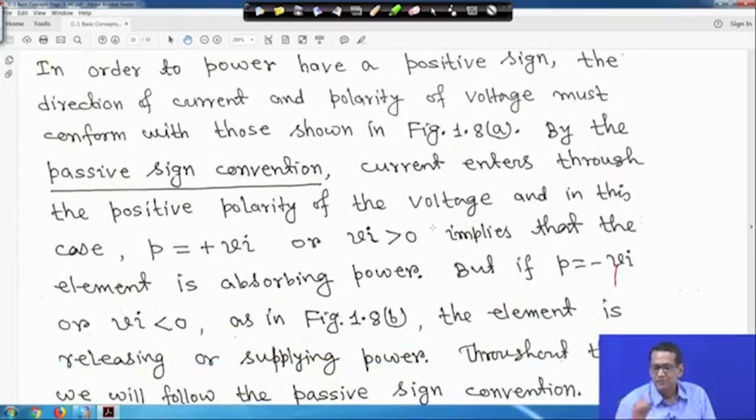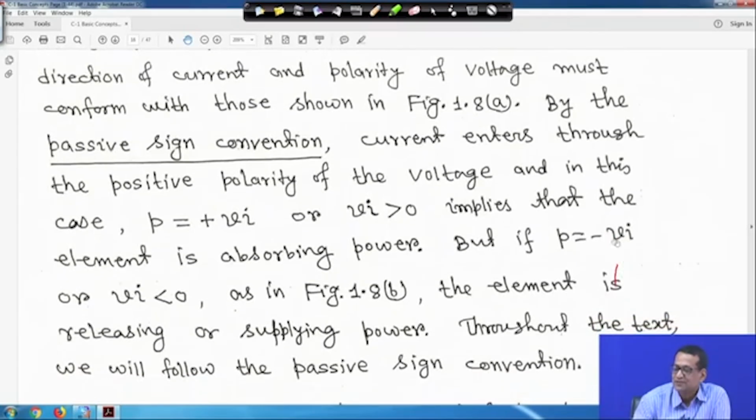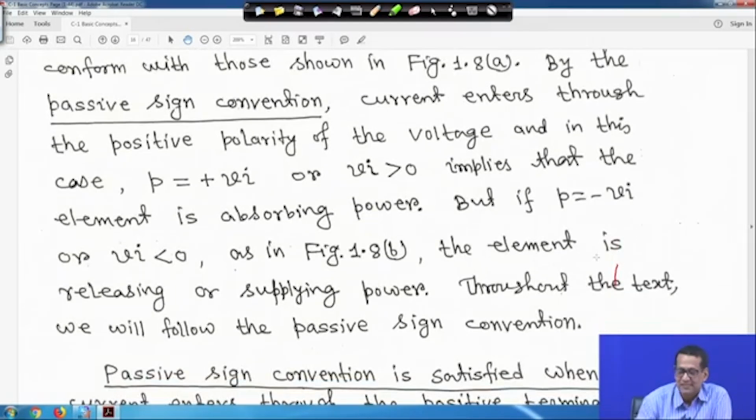Therefore, by the passive sign convention, current enters the positive polarity of the voltage, and in this case P is equal to V I, that means V I greater than 0. So, V I greater than 0 implies that the element is absorbing power, and when P is equal to minus V I, as in figure B, the element is releasing or supplying power.